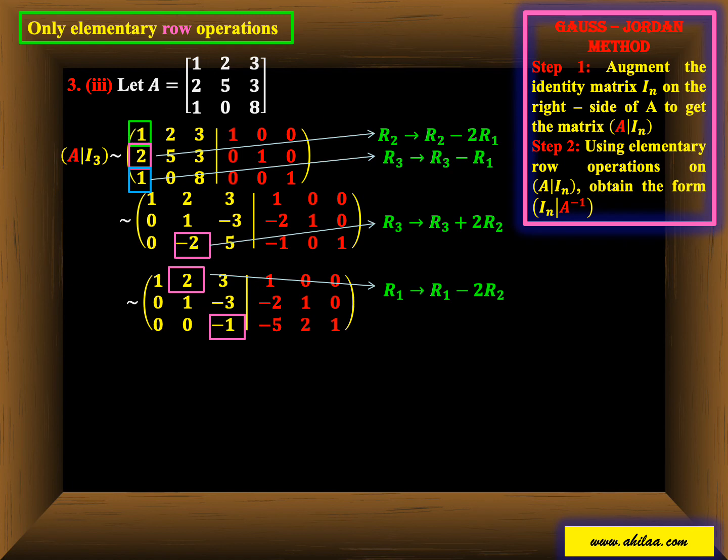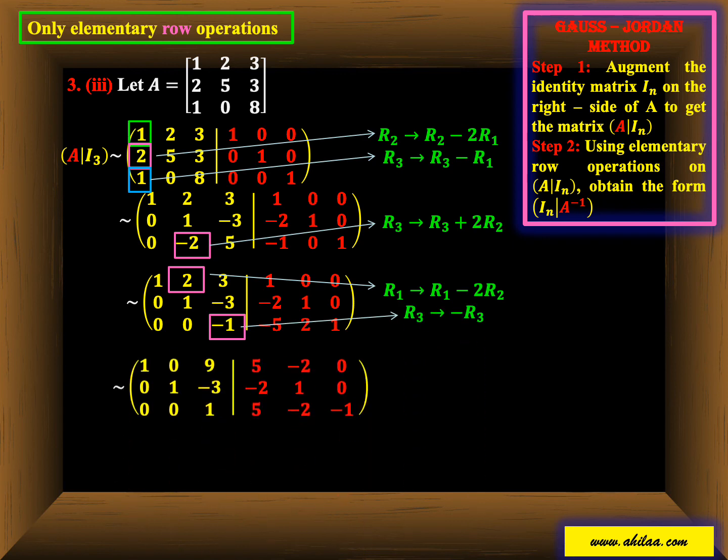So simply by multiplying by minus 1, this value takes its original value 1. Okay. So R3 goes to minus R3. The respective changes, R1 takes the value 1 0 9, 5 minus 2 0, R2 as it is, and R3 by changing the sign 0 0 1, 5 minus 2 minus 1.